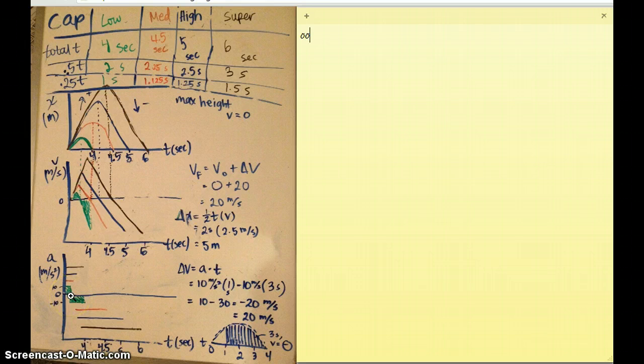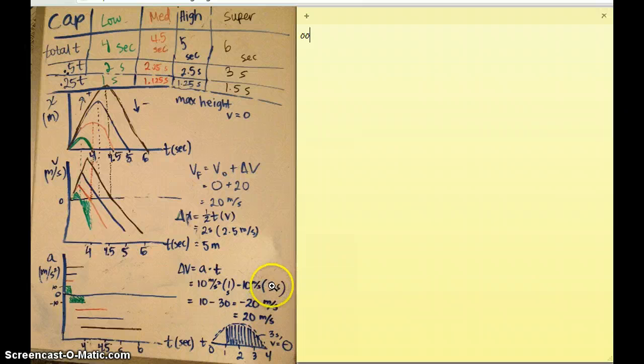From 1 second to 4 seconds, the acceleration is negative 10 meters per second squared. So we calculate the area of that rectangle here. 10 times 3, negative 30 meters per second.